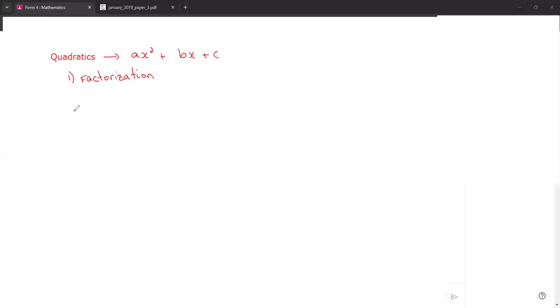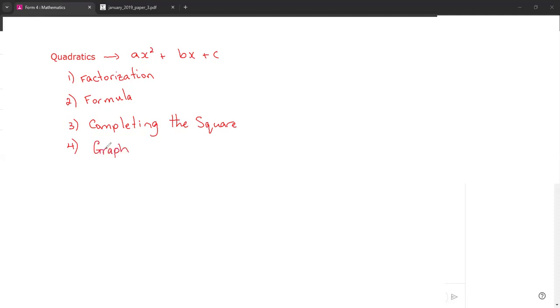Or you could solve it using the formula, or you could solve it by completing the square, or they could ask us using graphs.